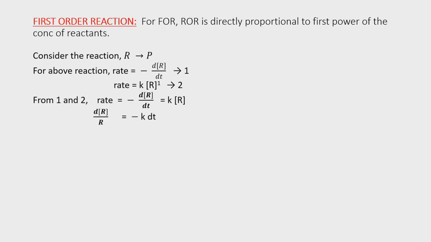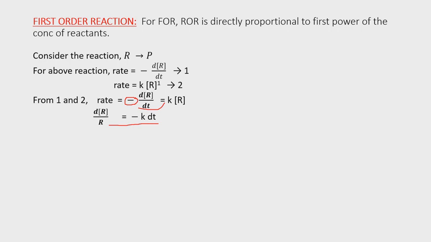So dR by R equal to minus K into dt. Look here, I am sending this minus to this side. So dR by R equal to minus K dt.